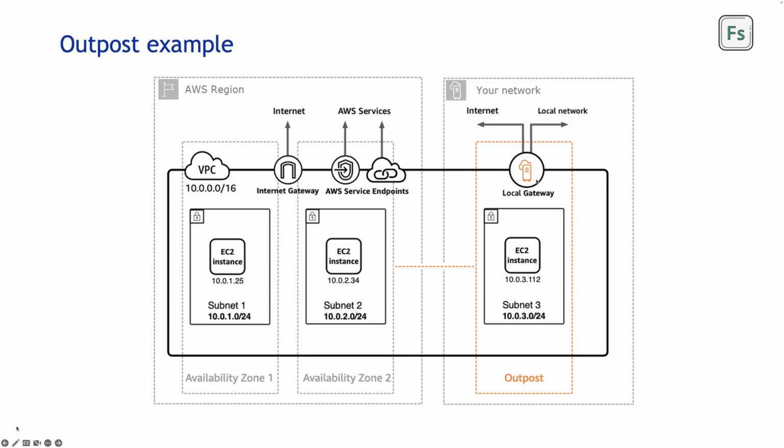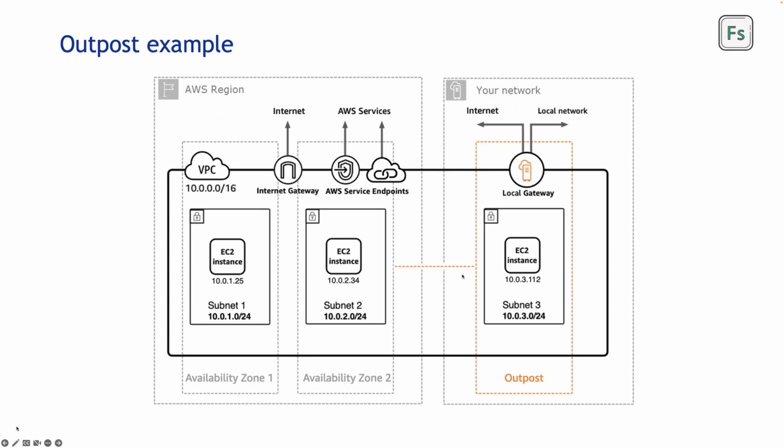So this local gateway will do the NAT translation, for example, and then help us to connect to these EC2 instances on our Outpost. So yeah, this diagram shows what an Outpost is and how we can use it.